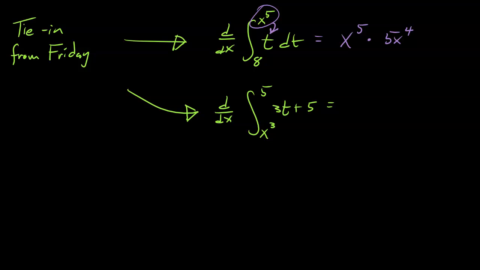Let's go with Sam. Sam, how could I flip these two around so that the variable would be on the top? Do you remember what happens if I flip this information? Yeah, perfect.